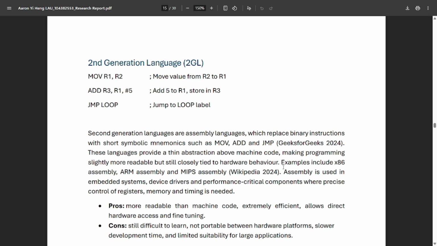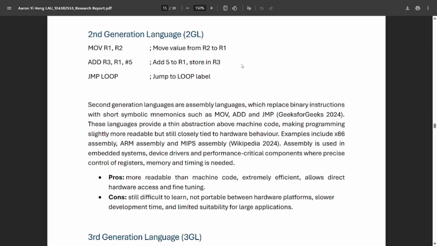The second generation, assembly language, is a small step above machine code. Instead of binary numbers, programmers use short mnemonics like MOV, ADD, or JMP, which represent CPU instructions in a more readable form.